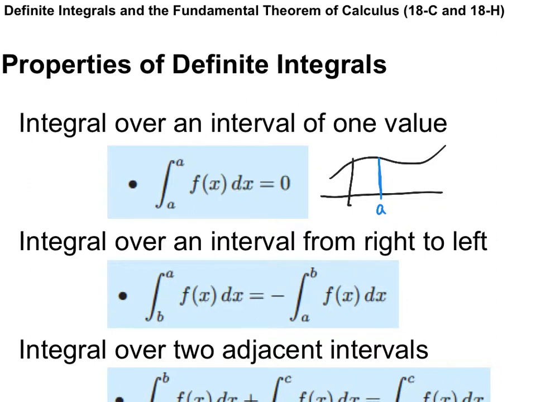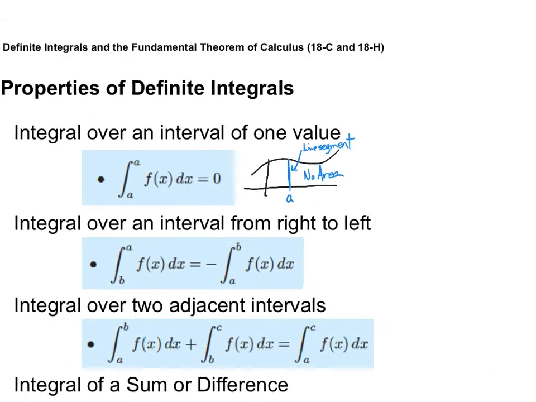So the integral from a to a would just be the area of this little line segment going straight up from a to the function, which has no area. Line segment, no area.